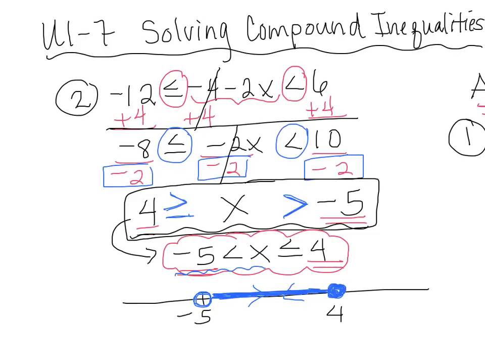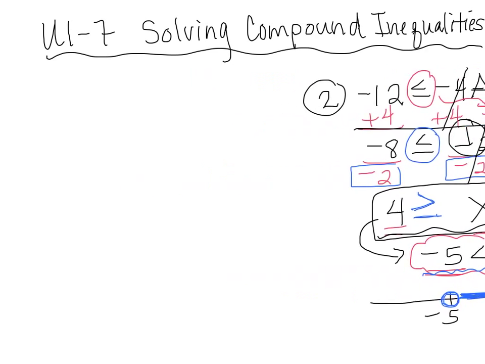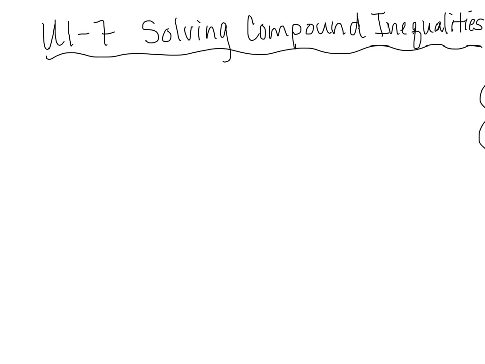Now let's take a look at one final example, but with an OR inequality. And typically these are a little simpler to work with. So this is an example with the OR. I'll call this example 3. So these look very separate.